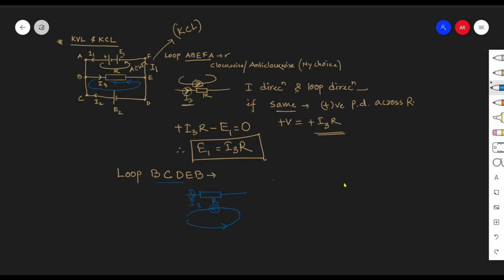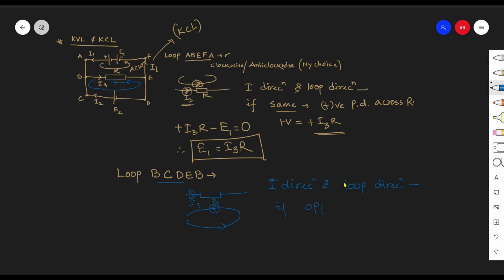Unlike the earlier one, where the loop direction was along the same direction of the current and we got a positive PD, so positive I3R, right now it is going to be negative I3R, because the current direction I3 and the loop direction are not the same, they are opposite.